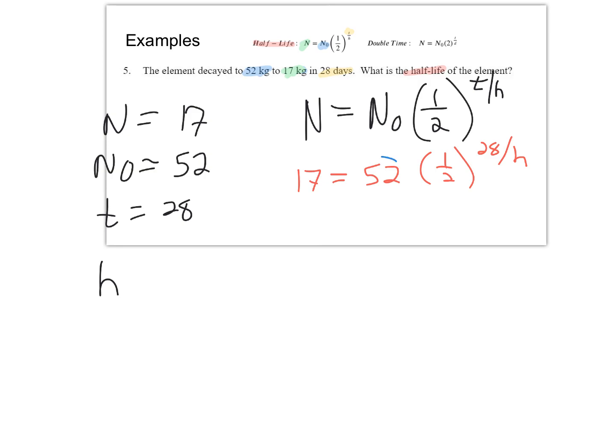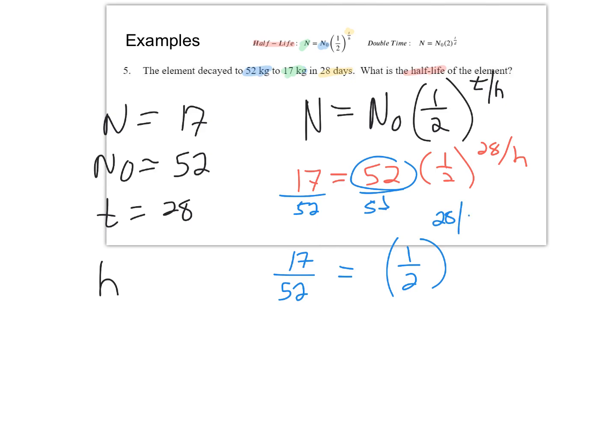So we have to go after this. So we're going to divide by 52. So 17 over 52 is equal to 1/2 raised to the 28 over H.